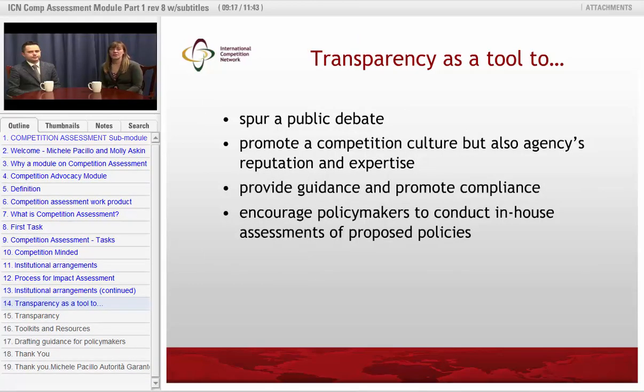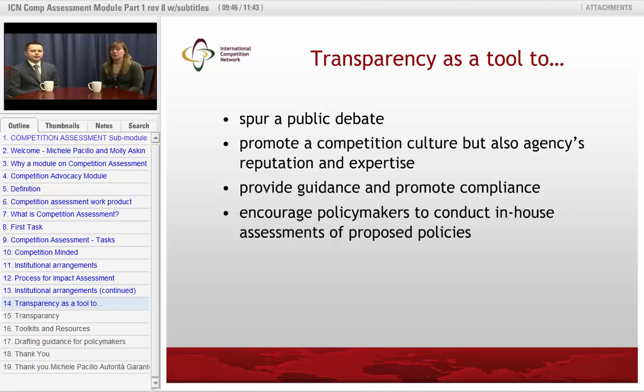First, being transparent in how agencies conduct competition assessments can include seeking input from stakeholders along the way and publishing formal, final competition assessment recommendations. In addition, publishing any material related to that competition assessment, which could include press releases, articles, speeches, and interviews by agency staff and leadership, can significantly contribute to transparent competition assessment processes.